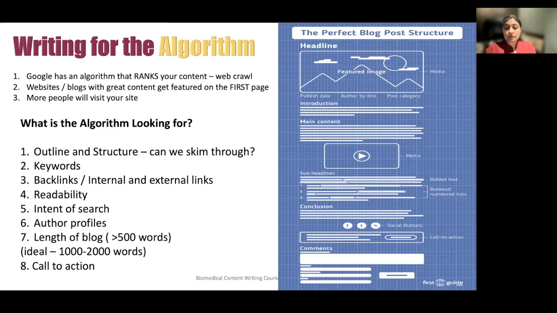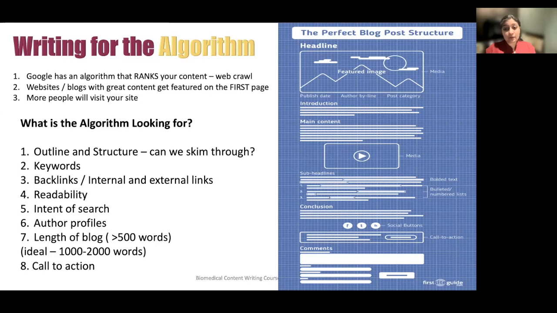Intent of search. If the searcher has asked for a particular piece of information, has your blog been able to deliver that information to them? For example, if they have requested information on blood tests, but you've written about the formation of blood cells and the formation of platelets, for example, it may be medically accurate.